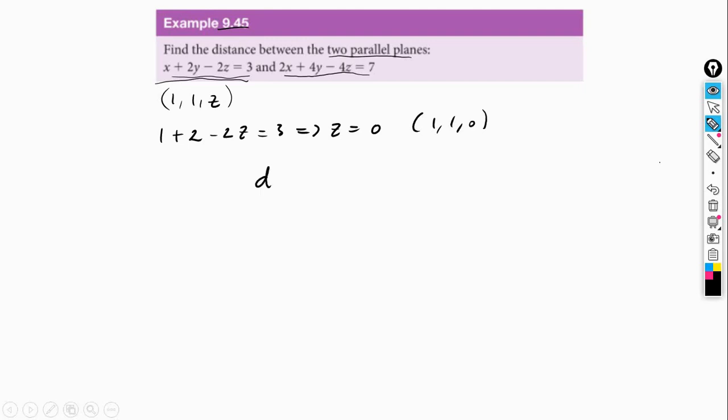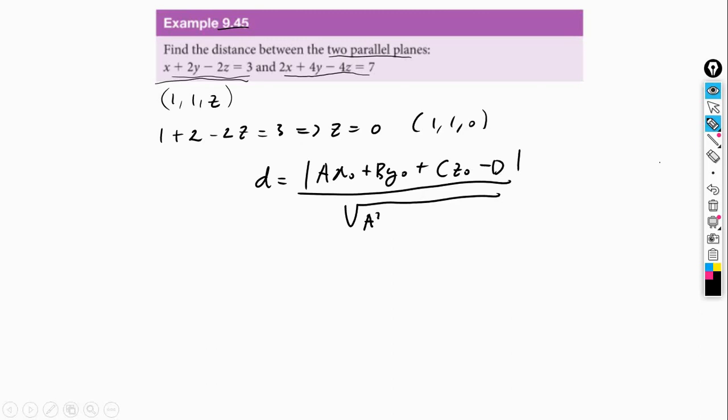Remember that distance formula is equal to absolute value of a x sub 0 plus b y sub 0 plus c z sub 0 minus d over the square root of a squared plus b squared plus c squared.